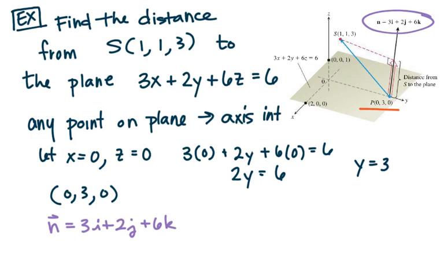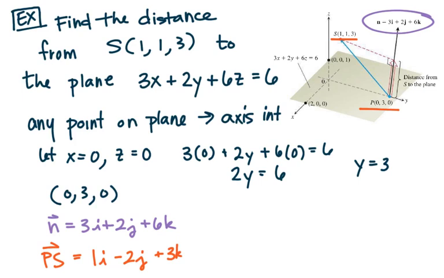Also, since we know both P and S, we can calculate the vector which originates at P and terminates at S. So subtracting the components, S minus P: 1 minus 0, I've got 1i, 1 minus 3 is minus 2j, and 3 minus 0 is plus 3k. So i minus 2j plus 3k.